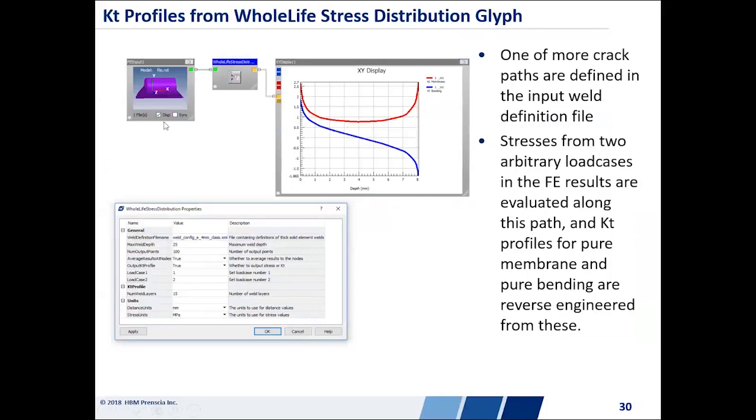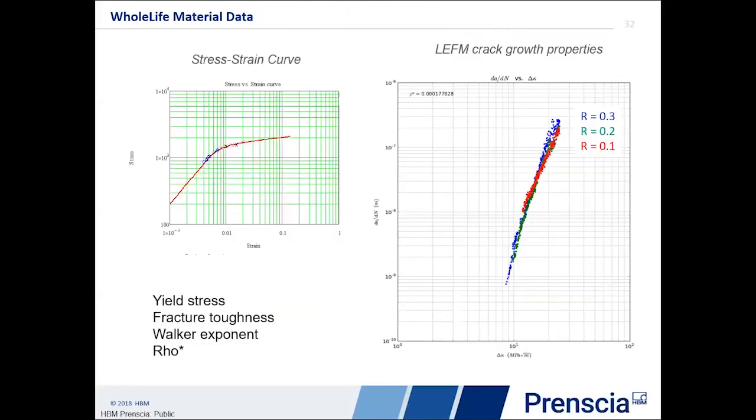With this, I can take any complex geometry, apply two load cases to it, and describe which paths I expect to see failure in from weld failure, and develop not only the loading going in, the structural stress histories, but also the detailed KT profiles that allow me to go in and develop over time detailed stress profiles on the crack path as we have changes in loading.